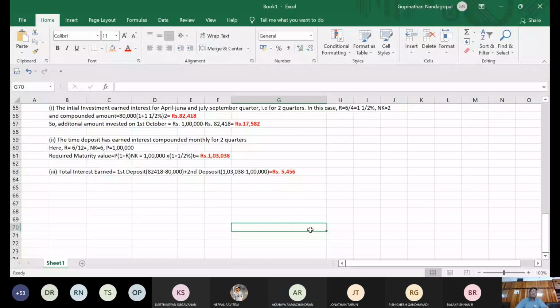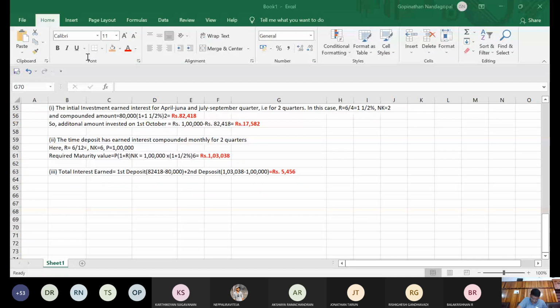Yeah. Now I'm going to explain the next concept. How many of you have heard this word in your mathematics? Effective rate of interest. How many of you have heard about this? We also call it the actual equivalent annual rate.